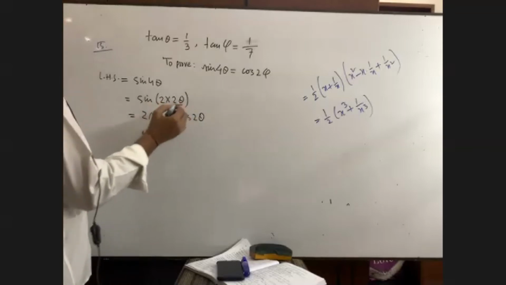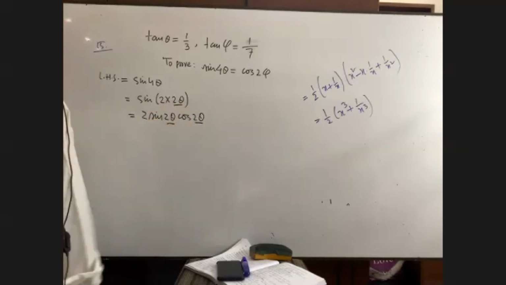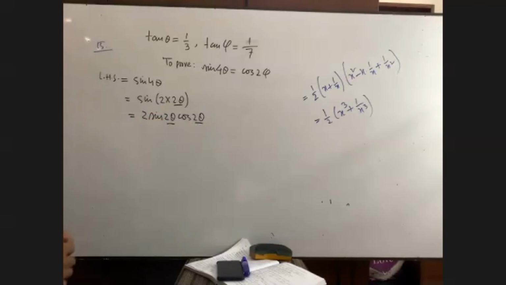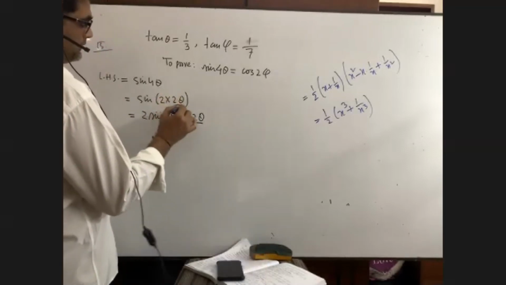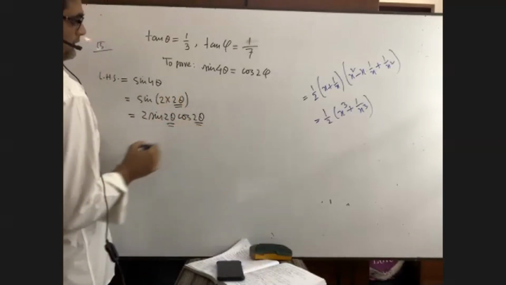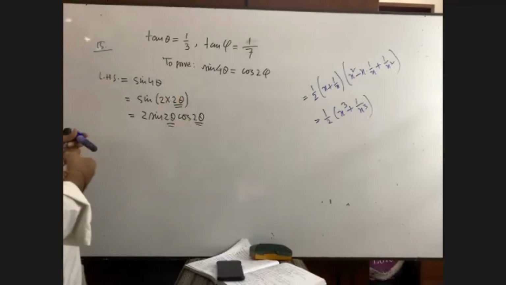Now theta is this. You know the formula of sine 2 theta, 2 sine theta cos theta. What is theta now? Now theta is 2 theta. So 2 sine 2 theta cos 2 theta.